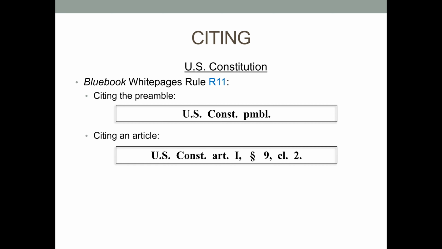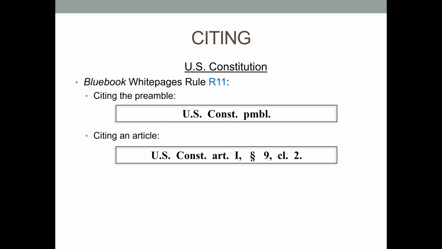If you're citing an article to the US Constitution, then it will be the same for U.S. Const. as before, only now you will abbreviate the word article as art., and you do not capitalize the A. You hit the space bar, and then the article number is a Roman numeral. So here it's Roman numeral I.